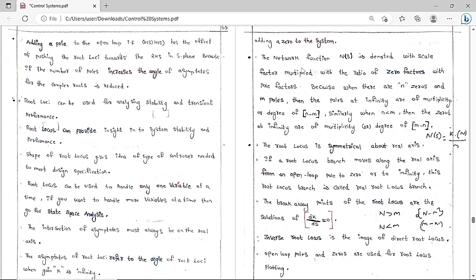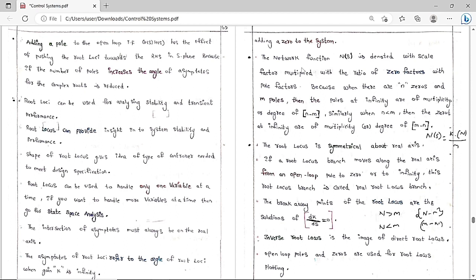So we can say the network function N(s) is denoted with a scale factor multiplied with the ratio of zero factors to pole factors. When there are n zeros and m poles, if n is greater than m, then the number of poles at infinity is of multiplicity of degree n minus m. Similarly, when n is less than m, then the number of zeros at infinity is of multiplicity of degree m minus n.